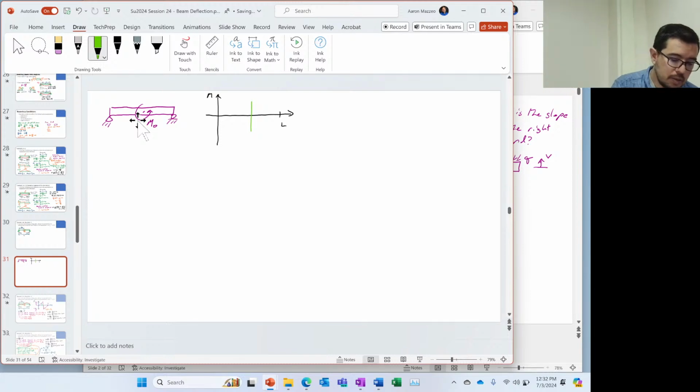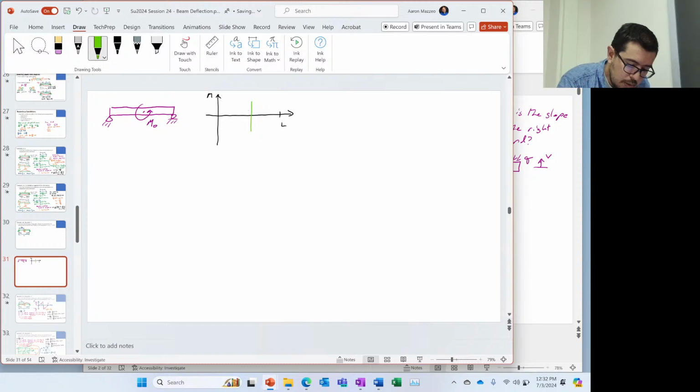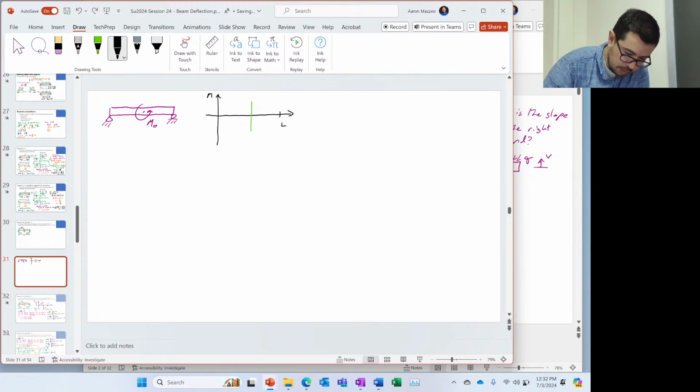So we know that this magnitude here is going to be MAP. Let's see, we'll just do it like this. Okay, well, I didn't quite do it like that. Okay, so this is MAP.